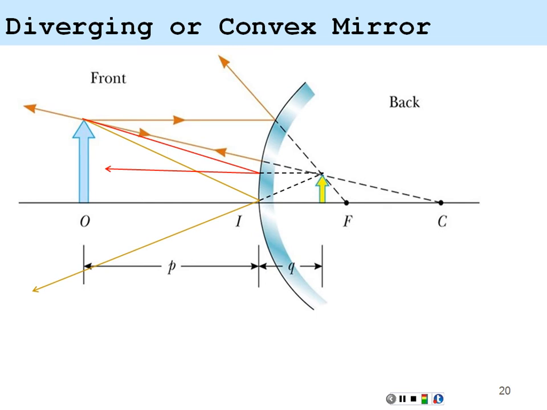So everything in the room is seen upright and smaller, and that's why this would be a good mirror to use if you're trying to observe, say, the full store. If you had a grocery store or a convenience store, and you want to make sure you can watch people so that they don't steal anything, this will show the whole store at one time through this mirror.